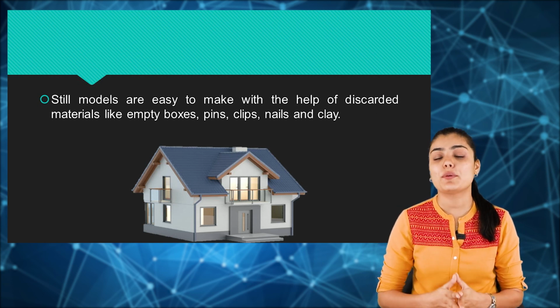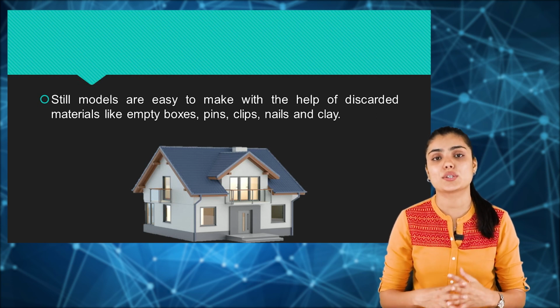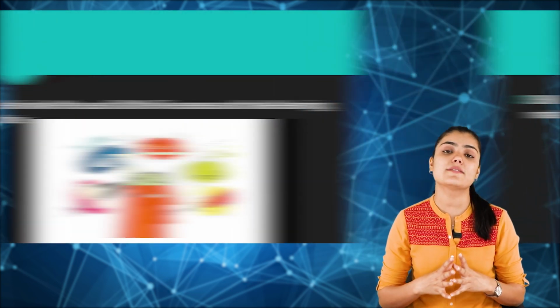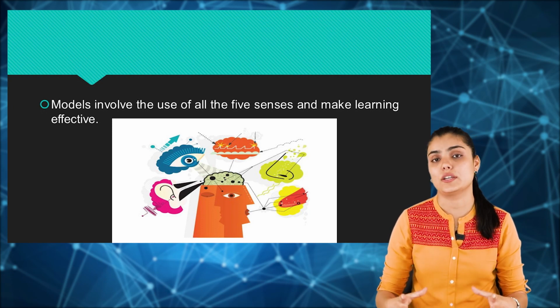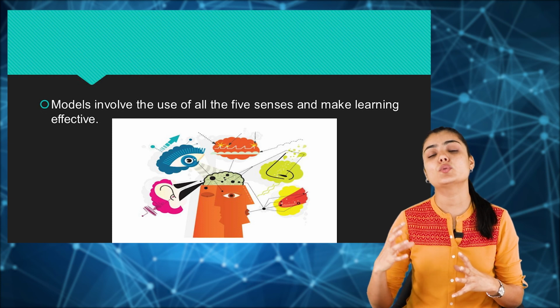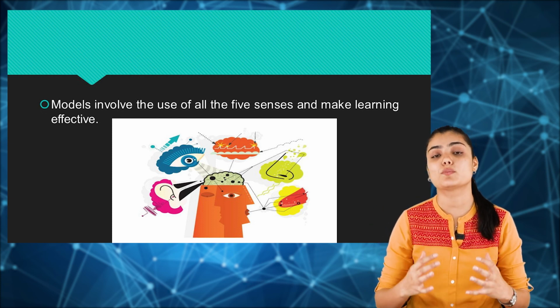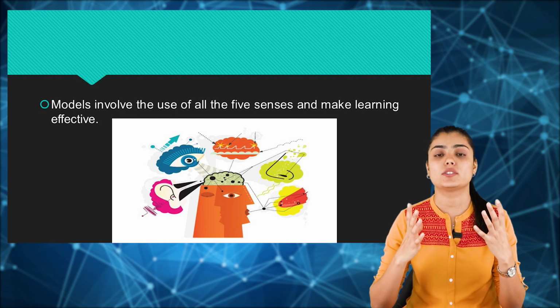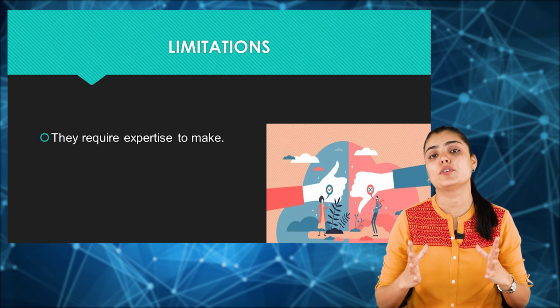This is one of the major advantages of using models. The next advantage is that models make learning interesting. A model makes use of all the five senses of an individual, and it makes the learning much more effective than when it is just taught verbally. These are the various advantages of using a model.